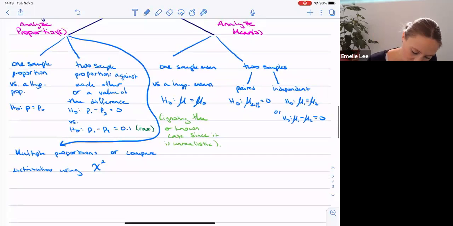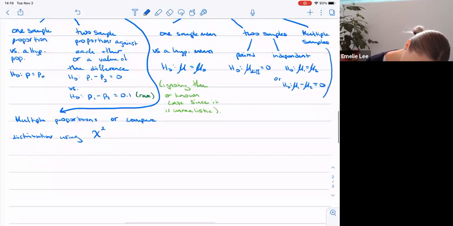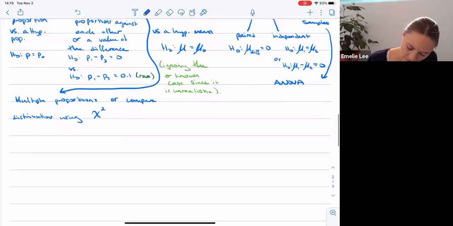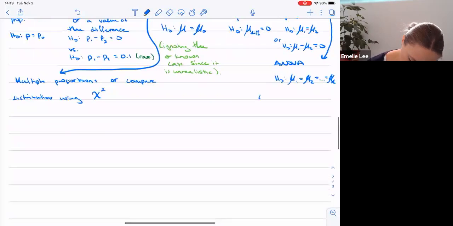Okay. And so what we can do if we have multiple samples, two plus samples, then we test it with an ANOVA. And our null hypothesis is that mu1 is equal to mu2 is equal to mu k with k samples.